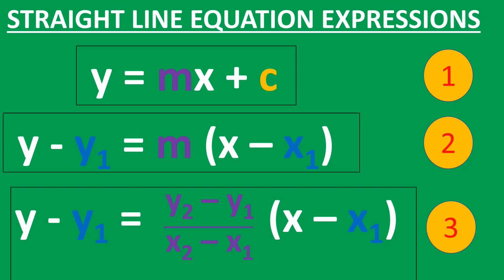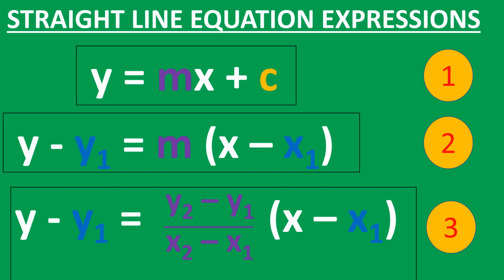The third equation, this time around, is called the two-point slope form of the straight line equation. Two points, x1, y1 being the first point, the second point, x2, y2.